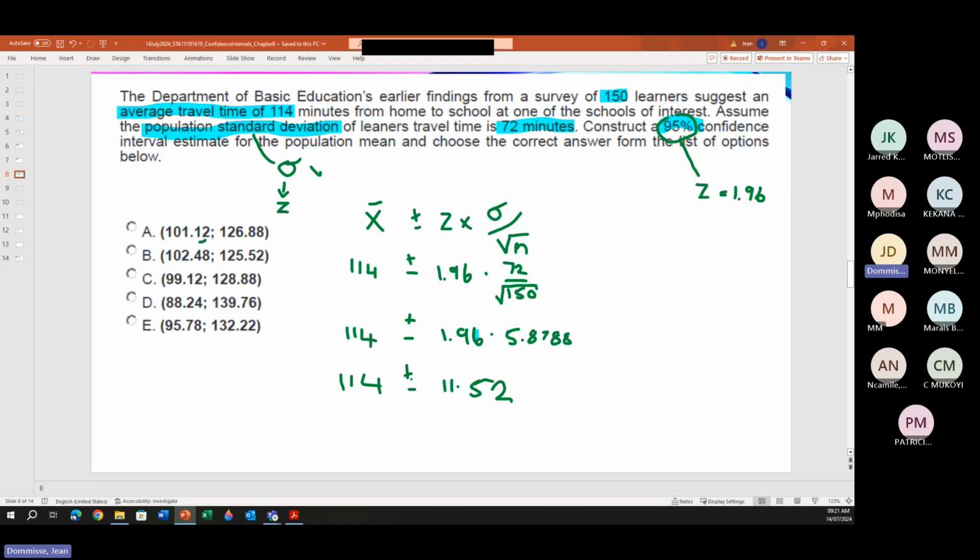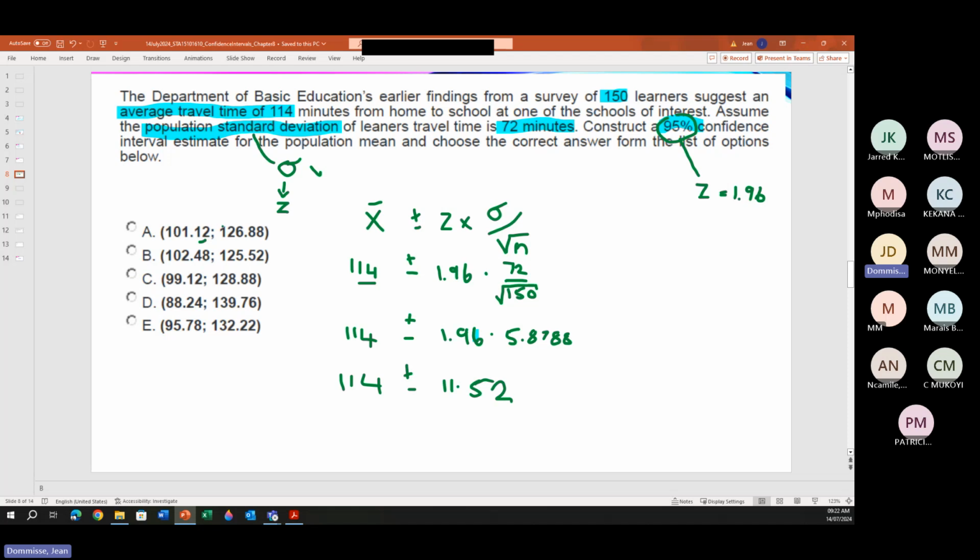We will now need to plus and minus. First thing I just want to check, and it's again just a check: I know that my number in the middle must be 114. When I subtract something and add something, 114 will be in between those two.